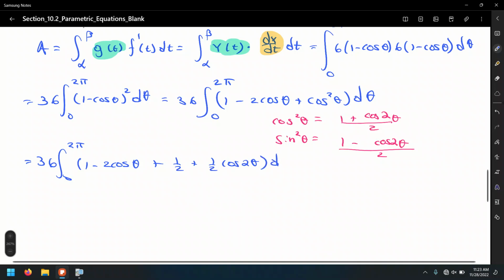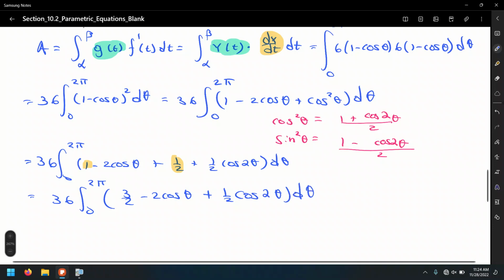And this is just so we can combine like terms, which in this case are the constant terms. So 1 plus 1/2 is just going to give us 3/2. So that's 36 times the integral from 0 to 2 pi of 3/2 minus 2 cosine theta plus 1/2 cosine 2 theta, d theta.